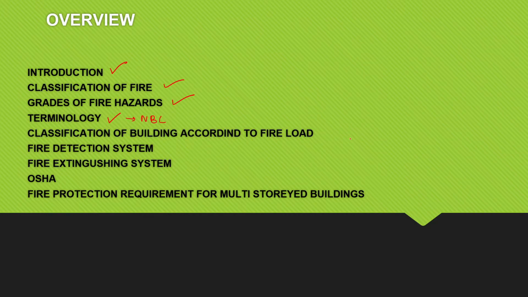Later, let's study about classification of building according to fire load, some of the fire detection systems and fire extinguishing systems, and learn about OSHA, that is Occupational Safety and Health Act, and later learn about fire protection requirements for multi-storey buildings. I have listed these topics based on their importance in GATE exam and other recruitment exams. So these are important topics, and I have tried to make detailed notes on this. So now let's begin.